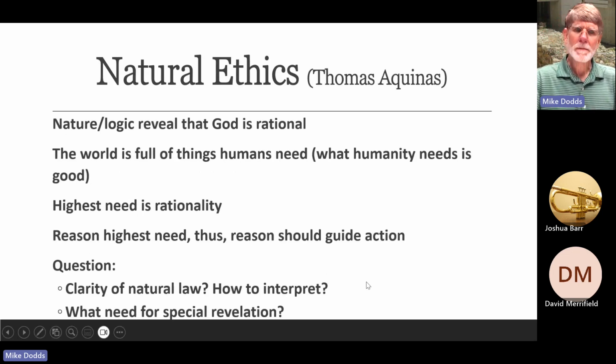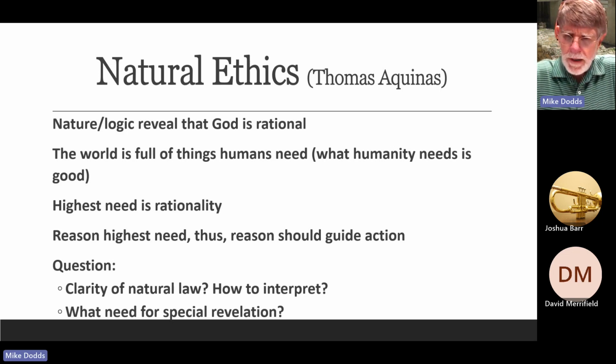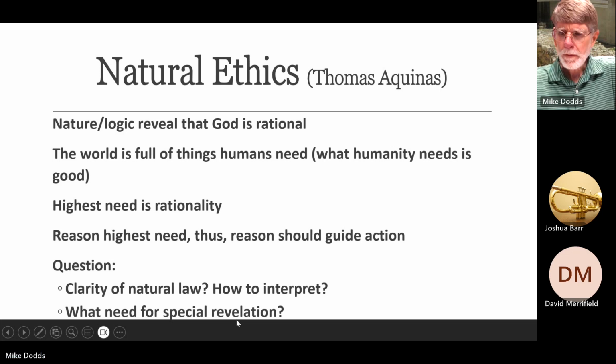Another natural one, next step rather, is natural ethics. Thomas Aquinas. We could call this natural law ethics. Within Catholicism, as I'm seeing it, maybe some of you all have studied natural law.